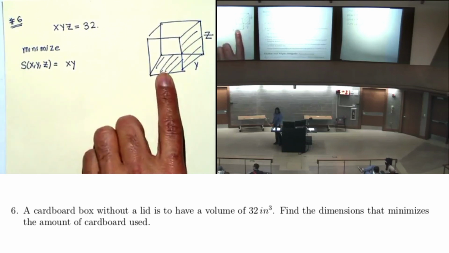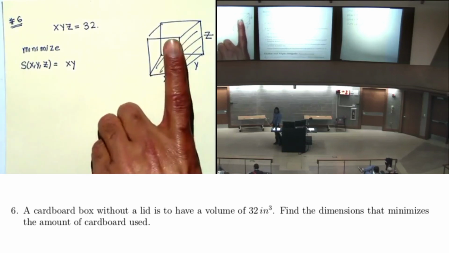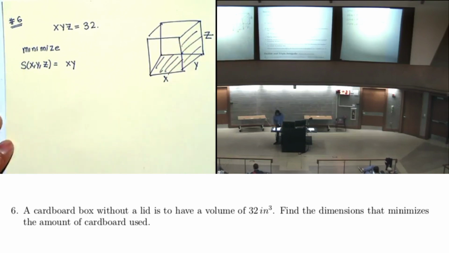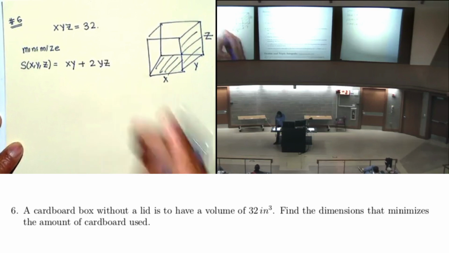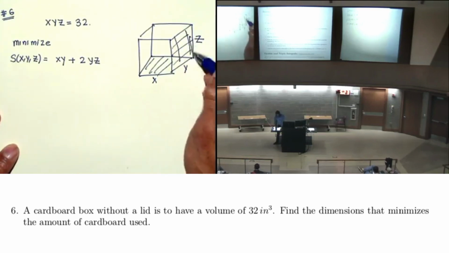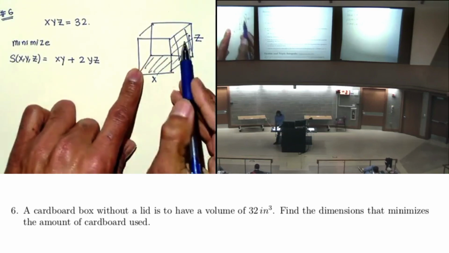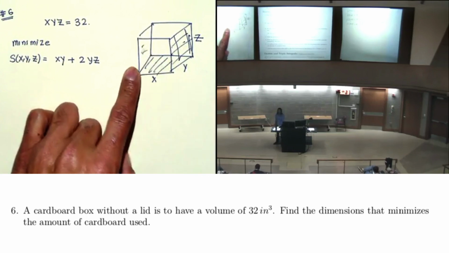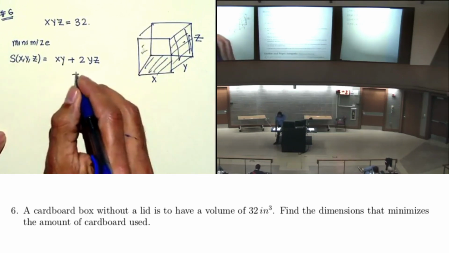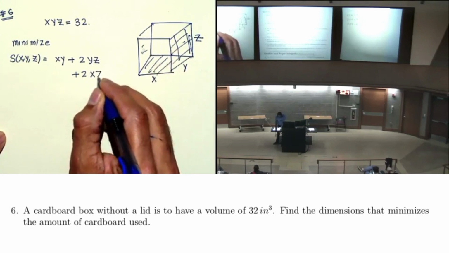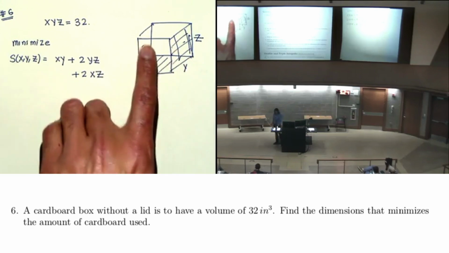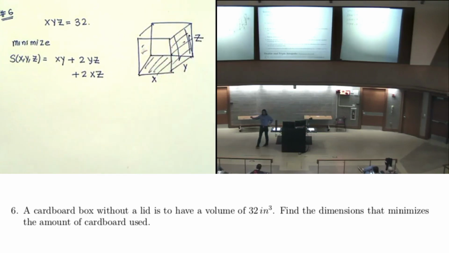S is going to be XY, the surface area of the bottom, since there is no top, plus 2YZ, the surface area of this side, but there are two of them, since this side equals that side. And then 2XZ, because the front and the back have the same surface area.